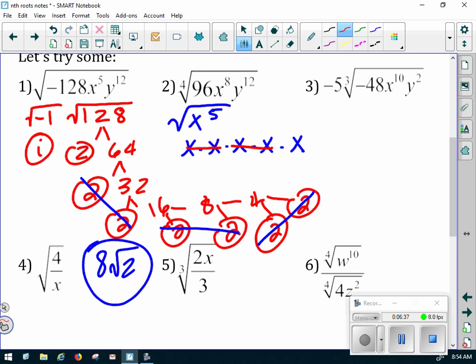X squared, because x times x. So that's what we've got there. Y to the 12th. I do not want to write out 12 y's. Why do we take half? Because how many pairs of y's do we have if we've got 12 of them? 6. So what's going to come out? Y to the 6th.